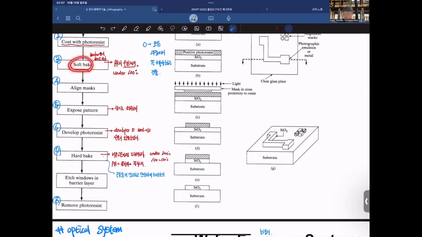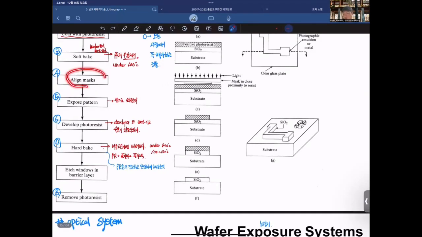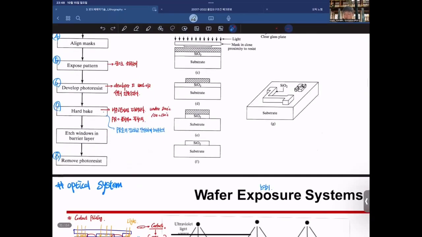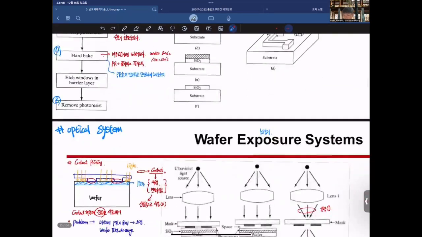This is soft baking, and before we expose the light, align the mask, and exposing, and we can pattern our semiconductor wafer, and developing is removing PR, and hard bake is making it stronger and making their chemical bond much stronger. And this is another PR, and photo is something other we don't want. This is the removing station.